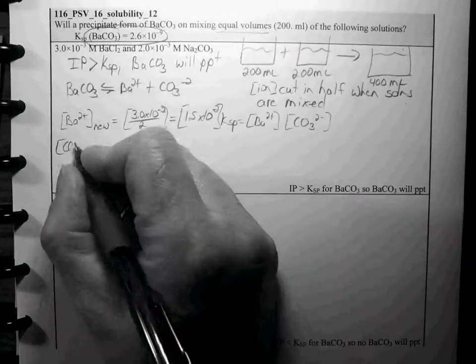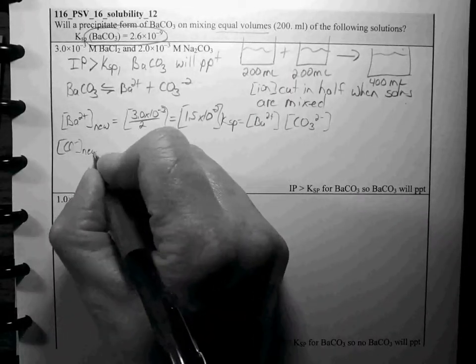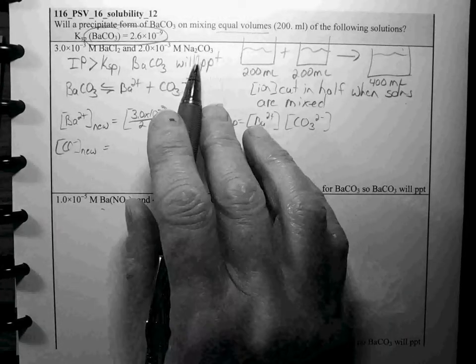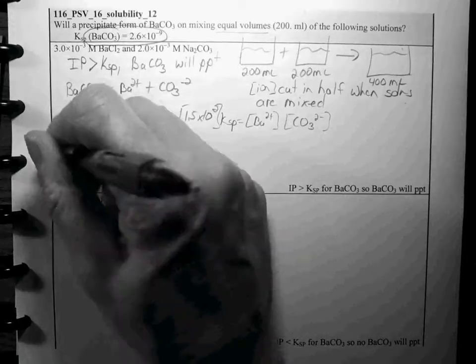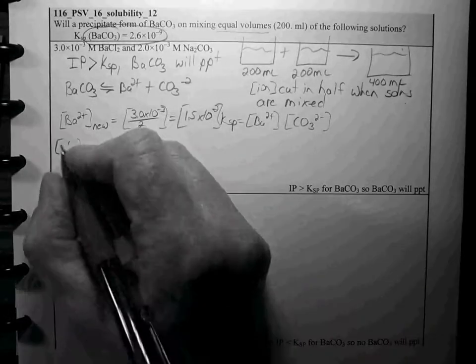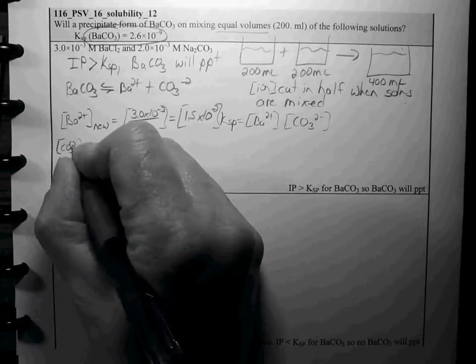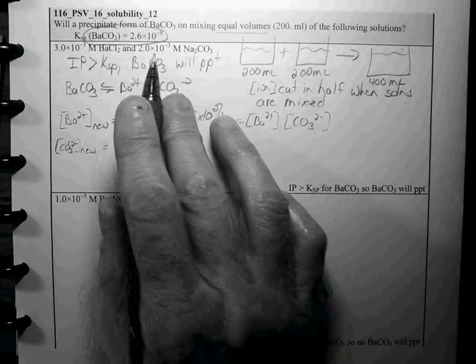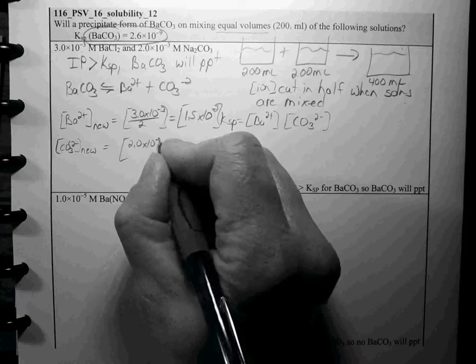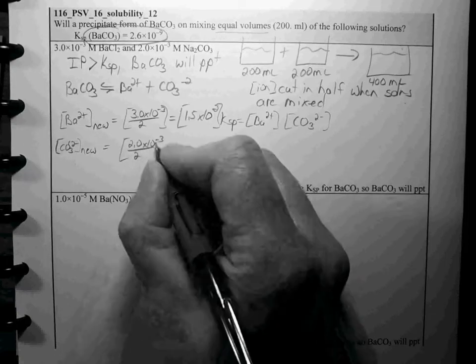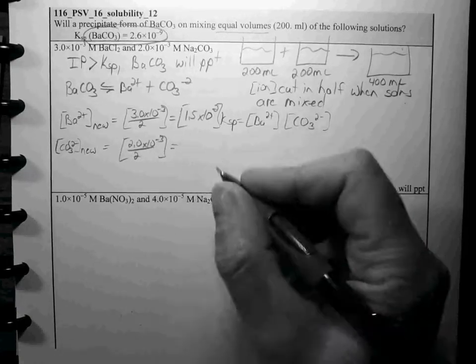Chloride ion concentration is going to be, carbonate ion concentration comes from the sodium carbonate, and the new concentration in the 400 milliliters is going to be the initial concentration cut in half.